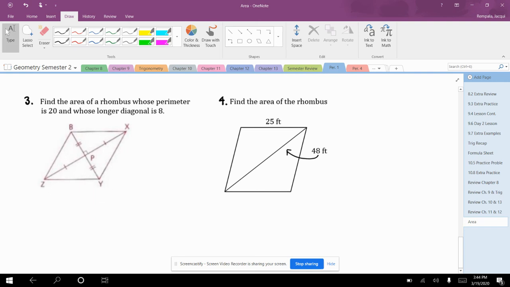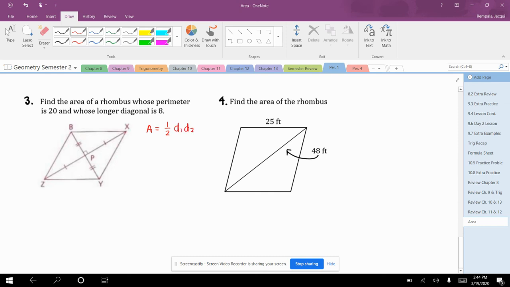If I want to find area of a rhombus, 2 different formulas, base times height or 1/2 diagonal 1 times diagonal 2. Because in this first example here, I don't have a height, but I'm giving you the 2 diagonals, we're going to use that formula. I'm going to want to use 1/2 diagonal 1 times diagonal 2.